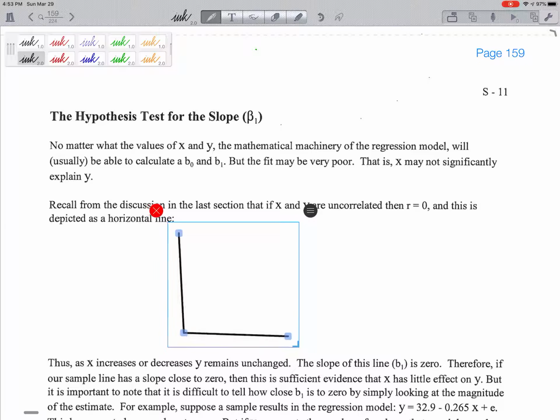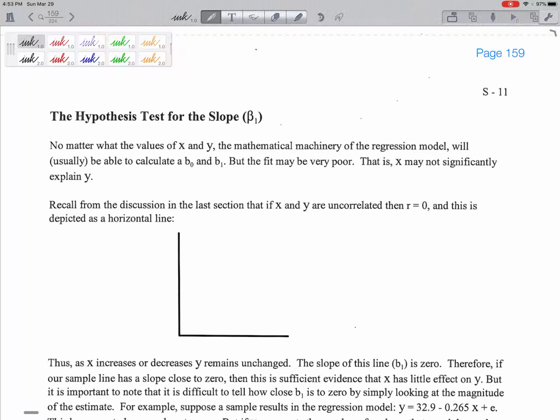Okay, so let's take a look at a real simple graph right here. You're going to have here an x and a y. And if we ended up with a sample regression line that looked like this, just a horizontal line like that, then what that's saying is that if x increases or decreases, it has no effect on y.